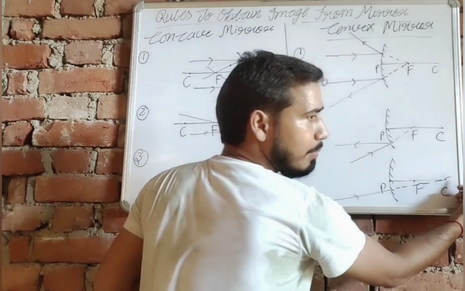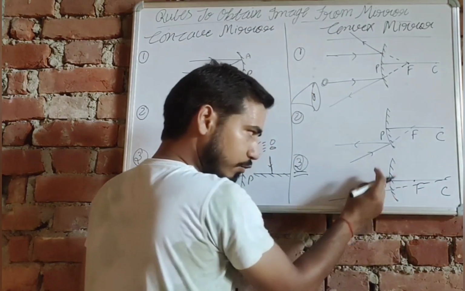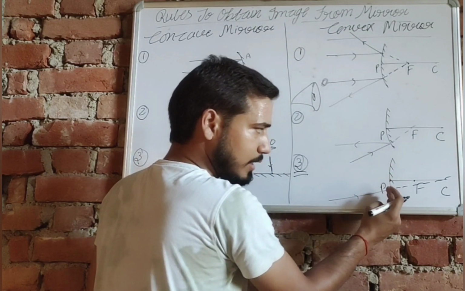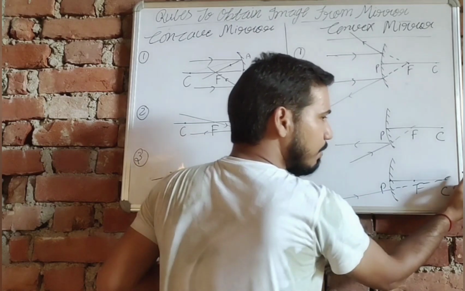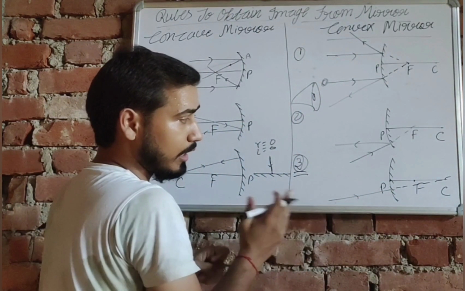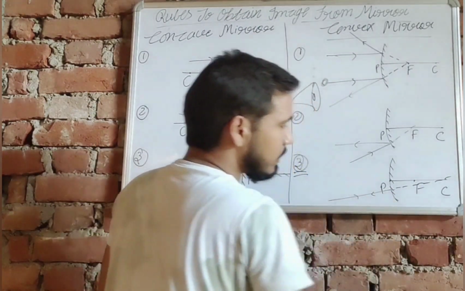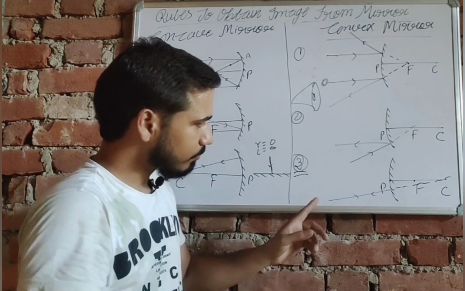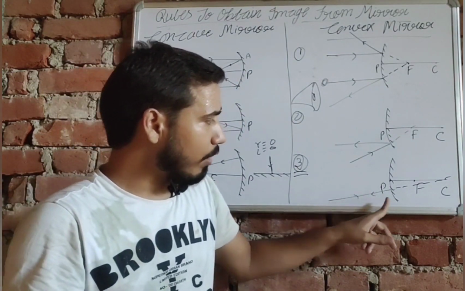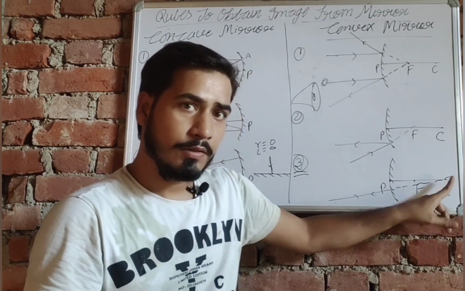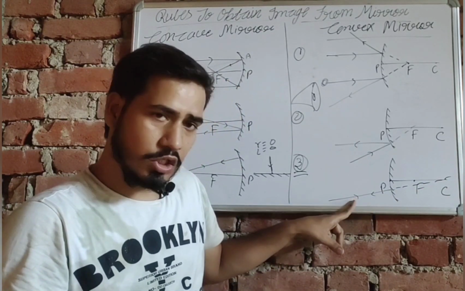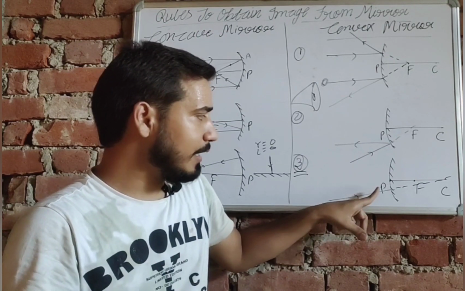Actually light is not going behind the mirror, but if you are not considering this reflecting surface, if light may transmit through this, then it must pass through C. If this is the scenario, then light retraces its path. Means if light falling on the convex mirror seems to pass through C, then after reflection this ray of light retraces its path.